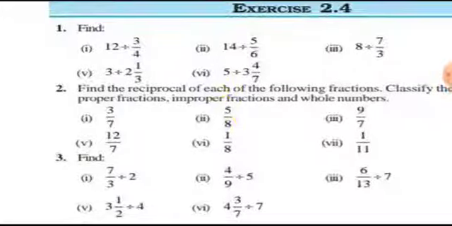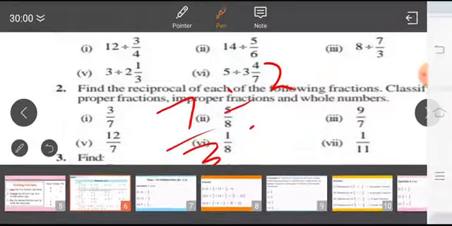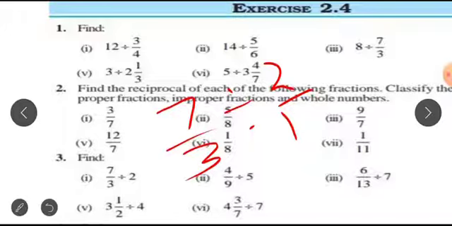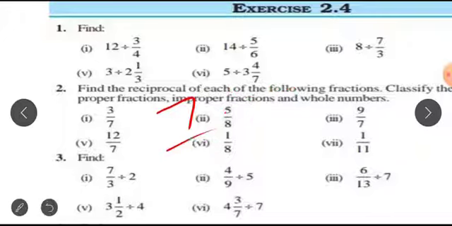How can you write it? 7 by 3 divided by 2, you can write 2 as 2 upon 1, and after converting the divide, you will get 7 upon 3 into 1 upon 2, and you will solve this. 7 into 1 will be 7 and 3 into 2 will be 6. So you will get the answer 7 upon 6. In this way you can solve question number 3. And now we are moving to question number 4.